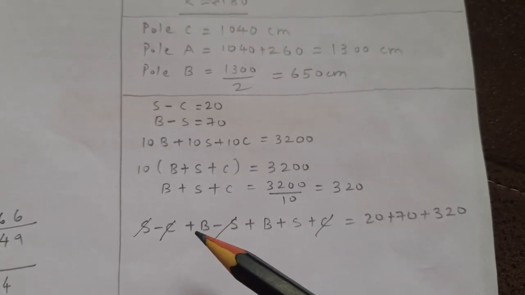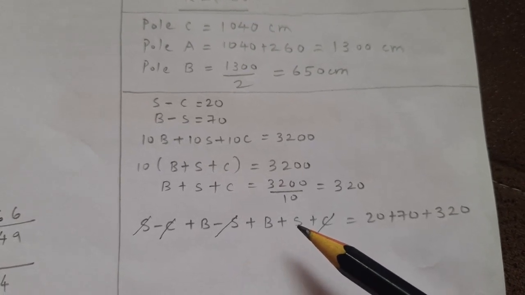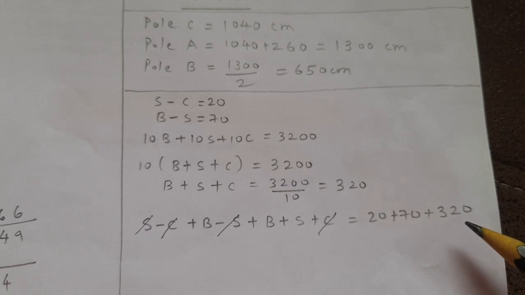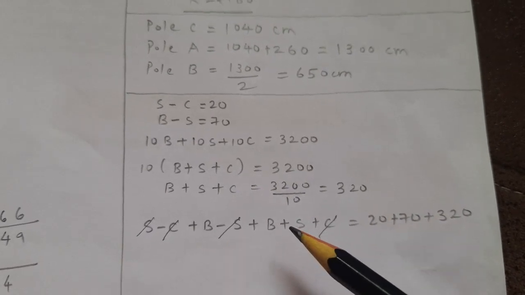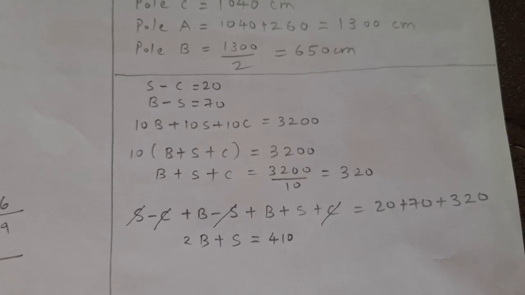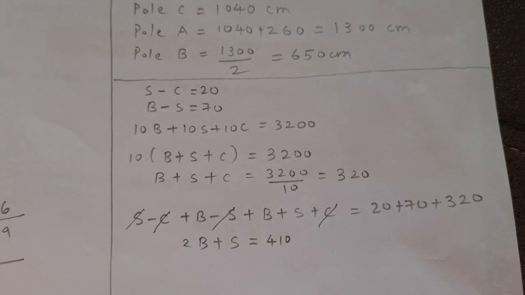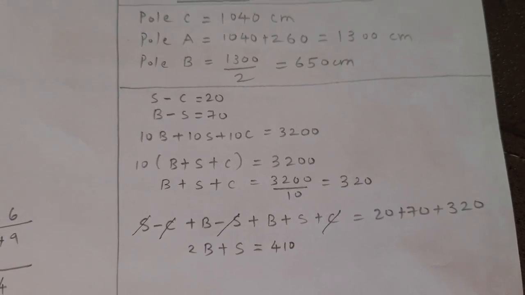So what we have got? We have got 2 times of b plus s is equal to this. Okay, so let's write that. So what I got is 2 times of big cube plus S, which is small cube, is 410. Correct?